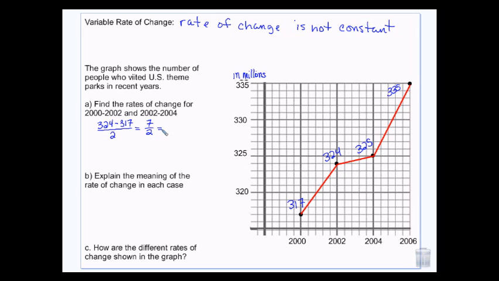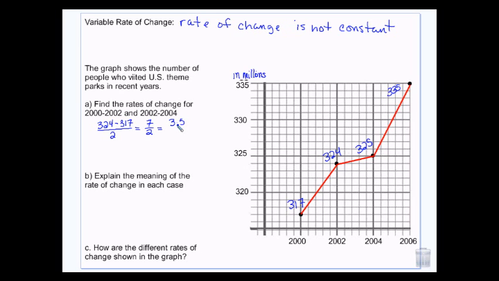And I'm going to break this down because we're talking about rate of change, and so I like to do it in terms of per 1 year. So between 2000 and 2002, 3.5 is my rate of change.